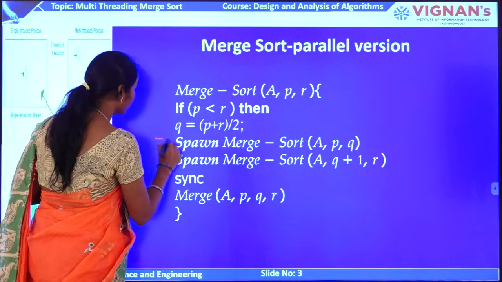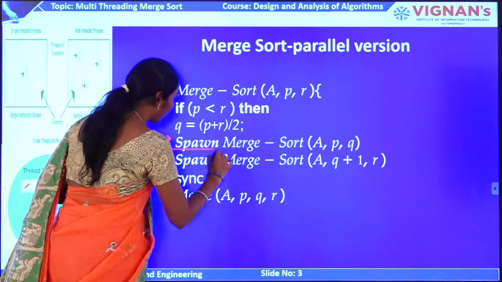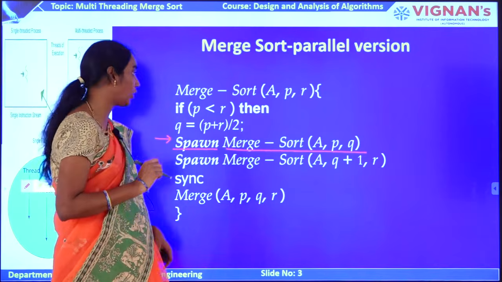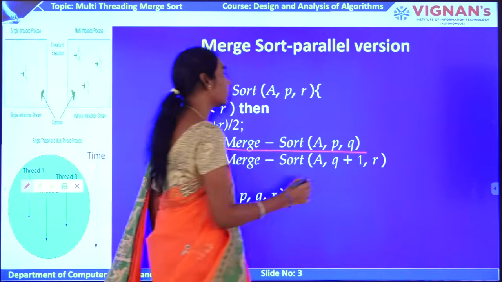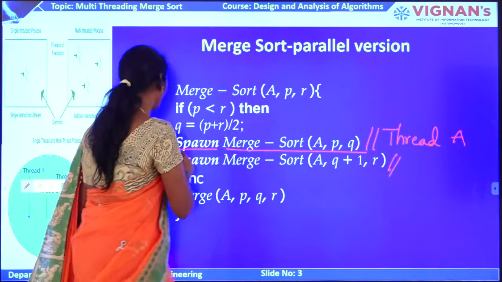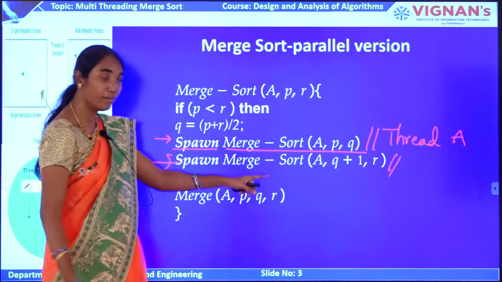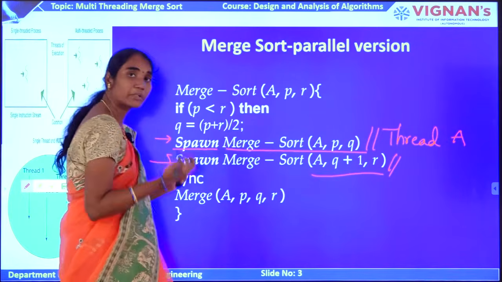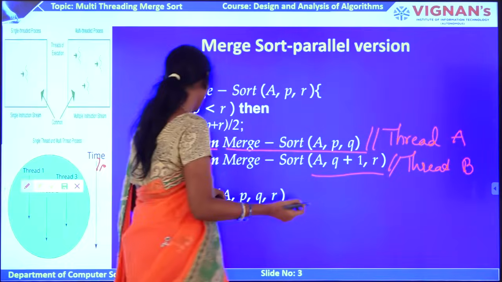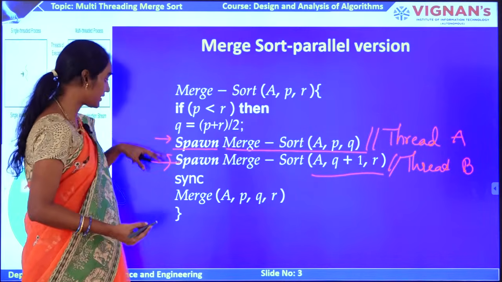Now here I am applying spawn on merge sort of A, P, Q. So this is my thread A, right? Now spawn of merge sort of A, Q plus 1, R, which is another list. So this is my thread B, right? Now here is sync.